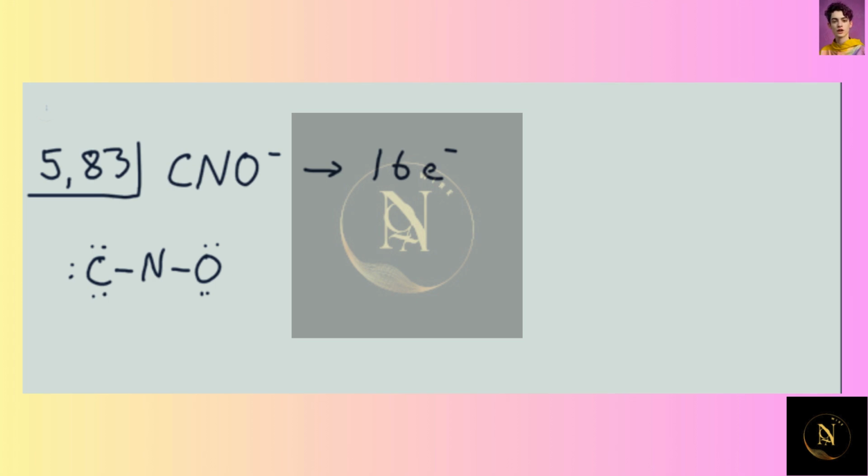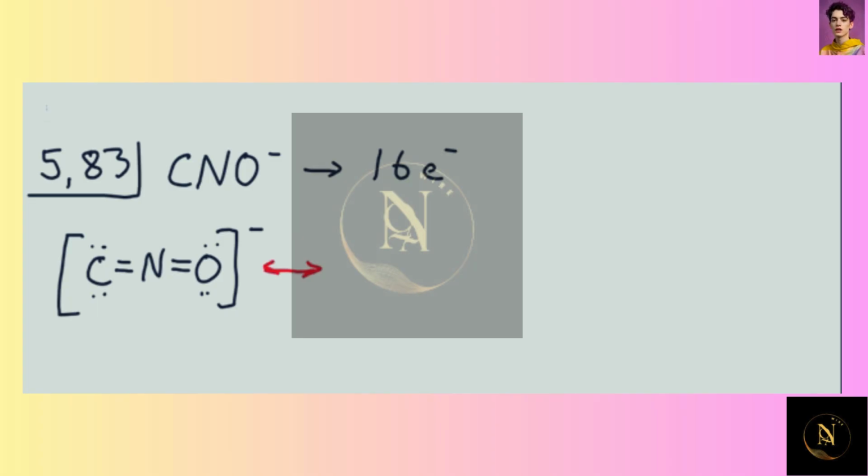So we're going to share 2 pairs of electrons from each atom with the center atom. And so now we've used up 16 electrons, and every atom has their octet. So this here would be negatively charged. So we can also draw the resonance structures before we work on the formal charges.